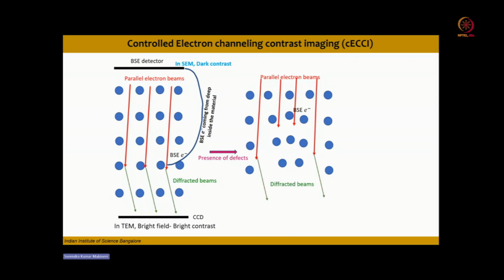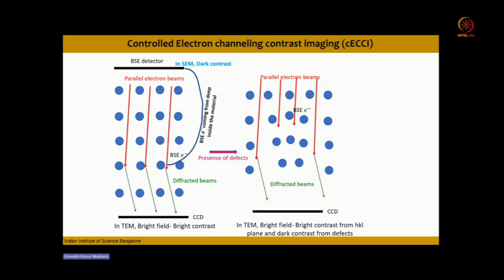Then due to the presence of the defect in TEM, what will happen? It gets diffracted. So in bright field image, wherever the defect is present, those appear as dark contrast lines, because the beam gets diffracted from those defect regions.